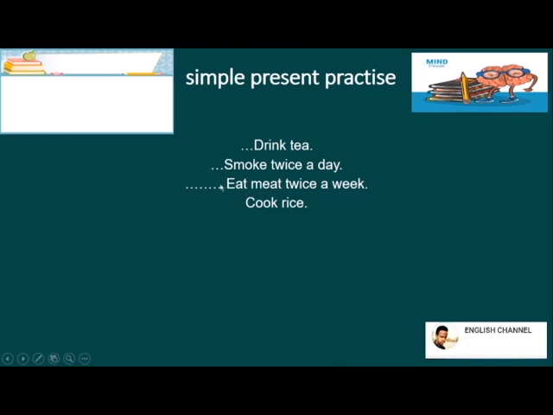You should add the subjects, all the subjects, both plural formula and singular formula. First you should change it to affirmative, then question, then you should change it to negative answer.